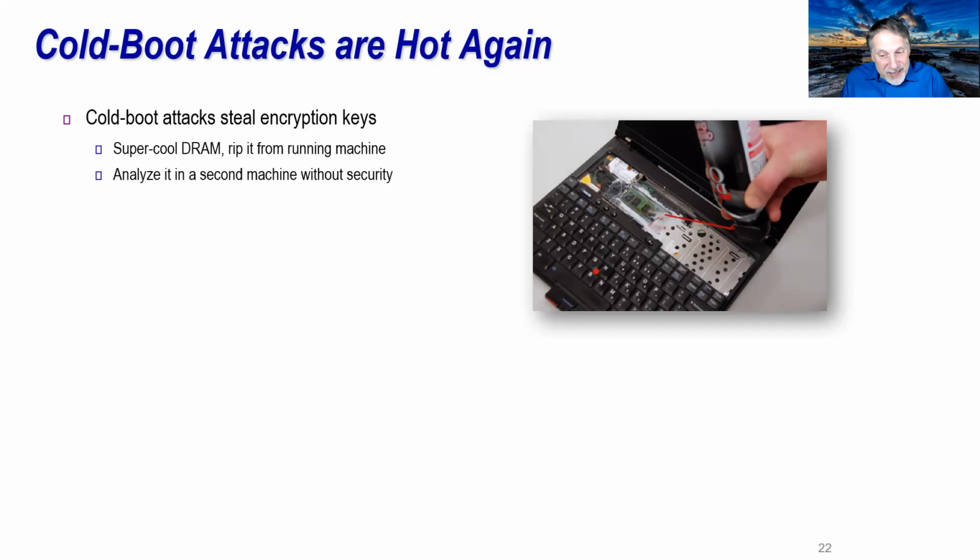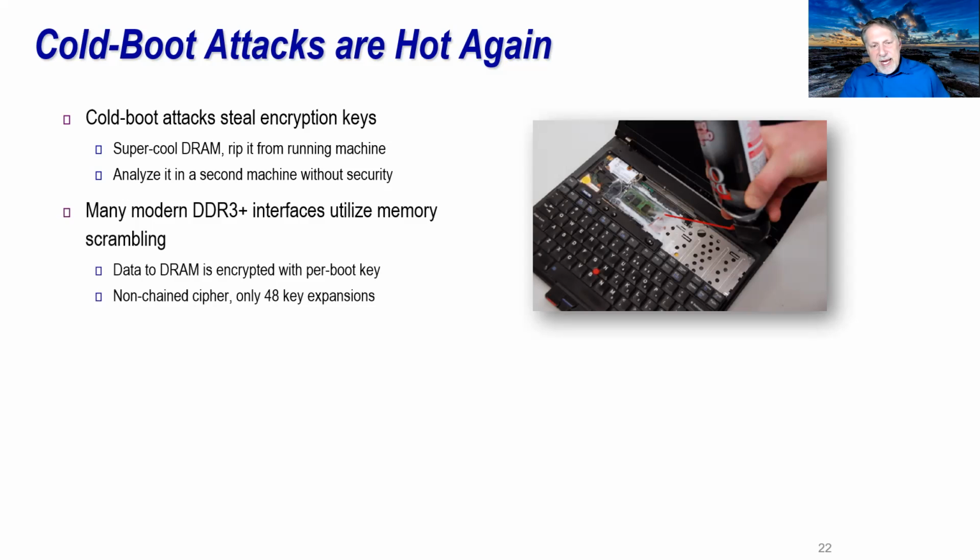But we also know that leakage is proportional to temperature. So if I supercool that DRAM, I can unplug it and I'll get maybe 30 seconds to get it into another system where I can then dump that memory. And inside there, I can find all your keys, your encryption key for your disk, and I can basically come back to that system with everything I need to hack it through and through.